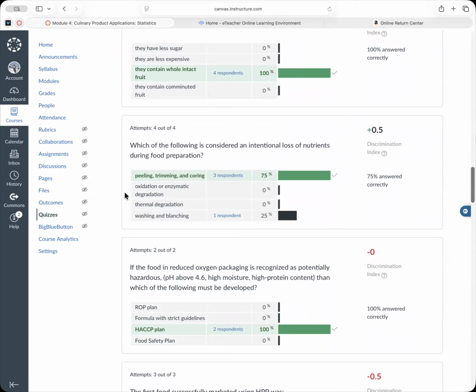If the vitamin is destroyed by cooking, or if a water-soluble vitamin is leached out during washing and blanching, that is not intentional, right? And oxidation is the destruction of the nutrients by enzymes or oxygen. We don't want that to happen.